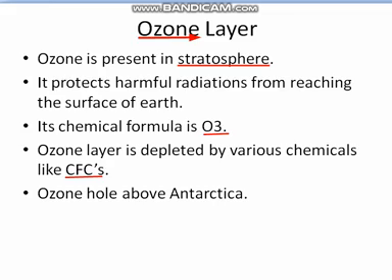These CFCs are used in different industries. They are used as coolants in refrigerators, ACs. So the concentration of these CFCs is to be reduced to protect this ozone layer, which acts as a blanket around the Earth's atmosphere.